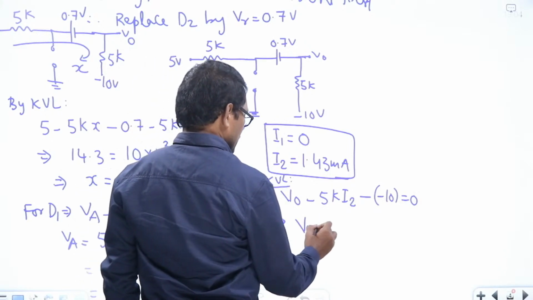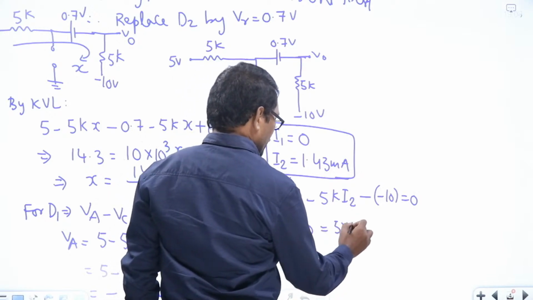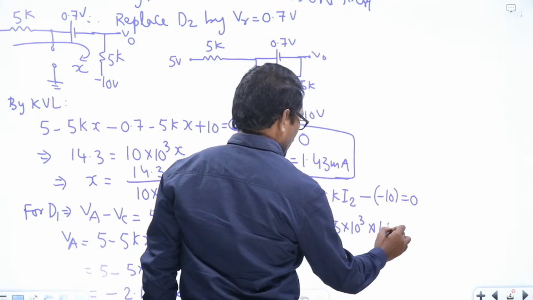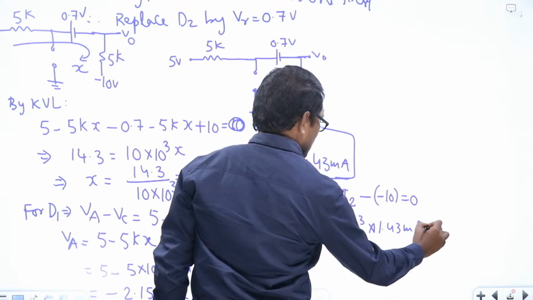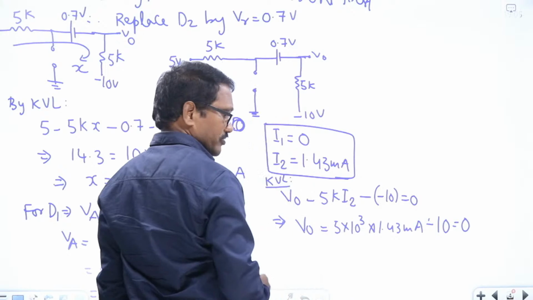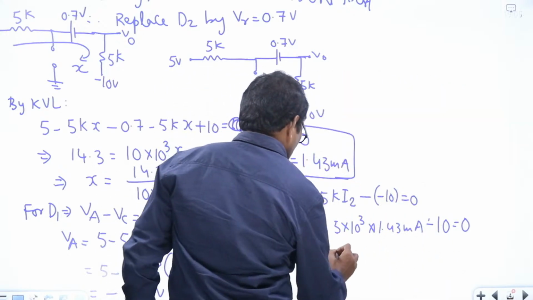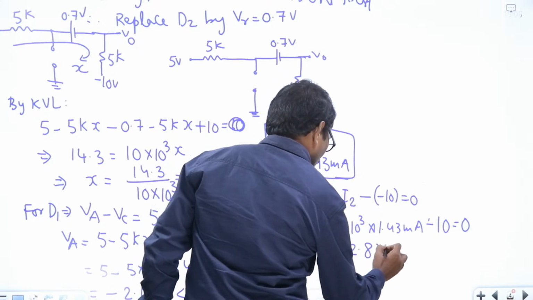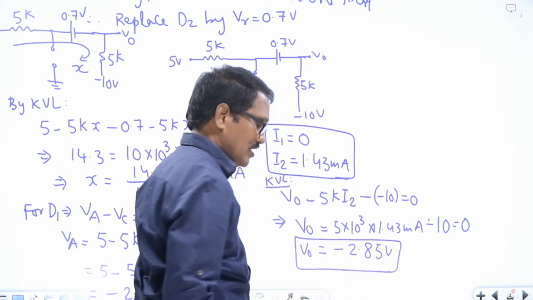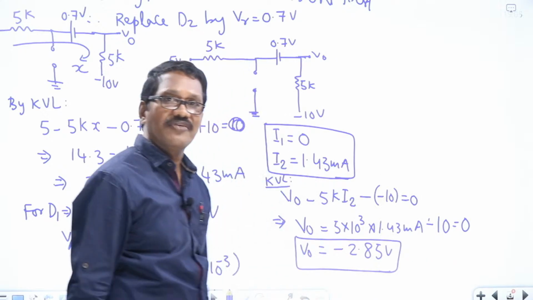That implies V0 is equal to 5 into 10 cube into 1.43 milliamperes minus 10. That is what I have calculated as minus 2.85 volts. Please check. Minus 2.85 volts. Have you understood this?